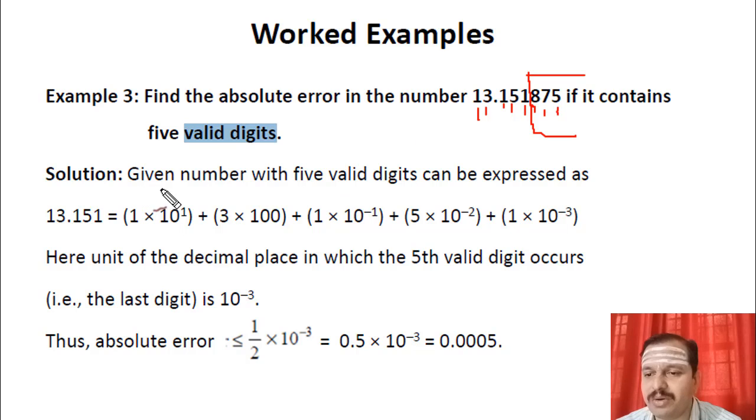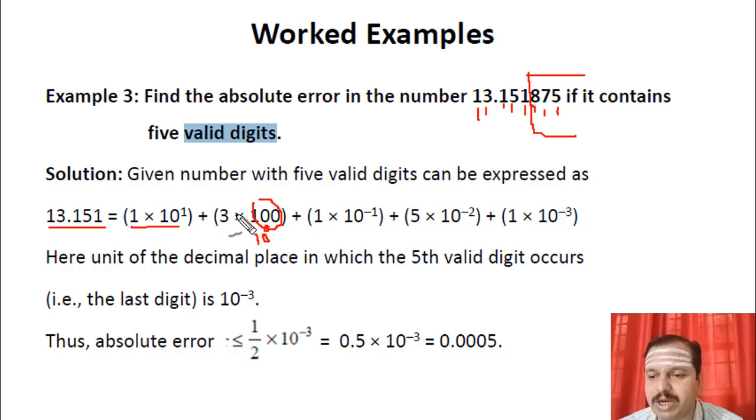And now we are expressing this number 13.151 in the expanded form like this. I have explained this already. This is 1 in the tens place, 1 into 10, plus 3 in the units place, 3 into, there is a slight mistake over here, please correct it, it should be 10 to the power 0.